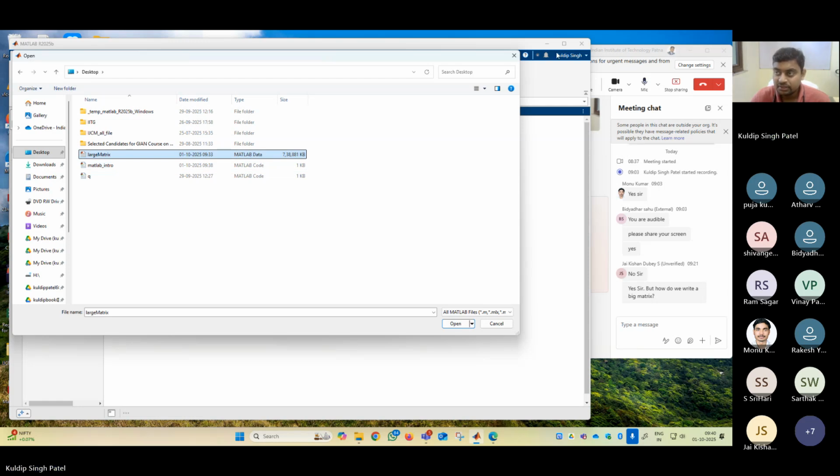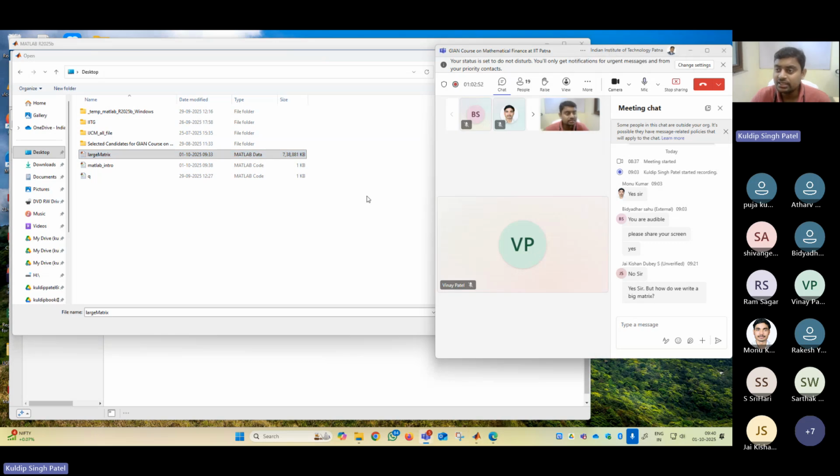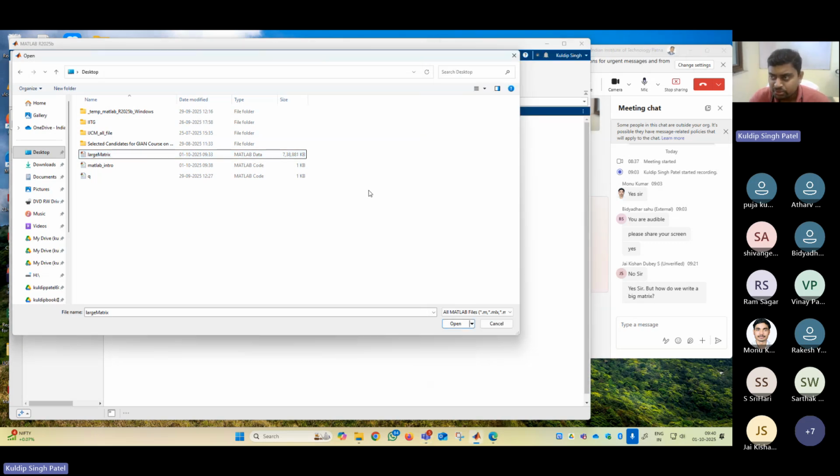I request everyone to please see this carefully. These are small things but beautiful things. Data means you created some matrix, some variables, some files. Code is what you are writing. So how large is it? It is very large, 7,38,881 KB.